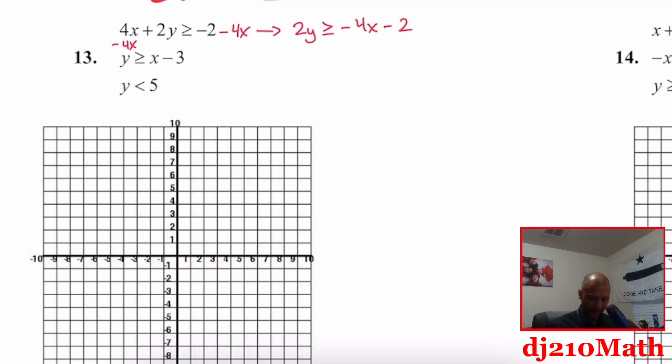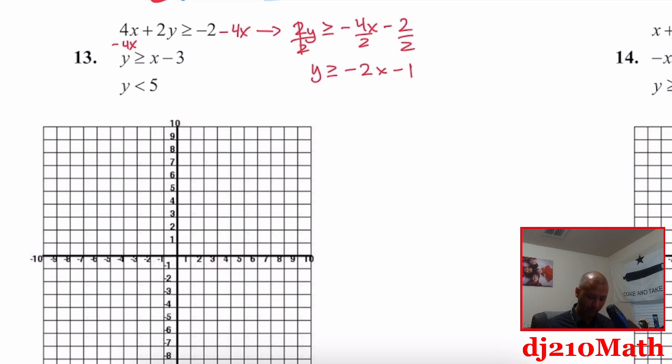Okay, divide everything by 2. The 2 cancels on the left. We get y greater than or equal to negative 4 divided by 2, which is negative 2x, minus 2 divided by 2, which is 1.